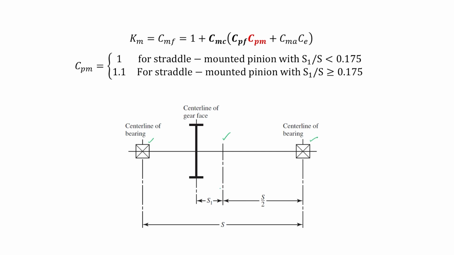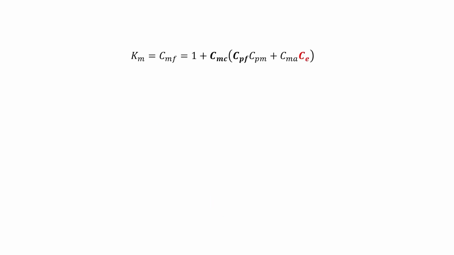From the midway, the gear is mounted at a distance of S1, S divided by 2 is the mid length of the shaft, and the distance between the bearings is S. Based on S1 divided by S, either less than 0.175 or greater than or equal to 0.175, we have the values of CPM. Now, considering S1 divided by S less than 0.175, our CPM is equal to 1.